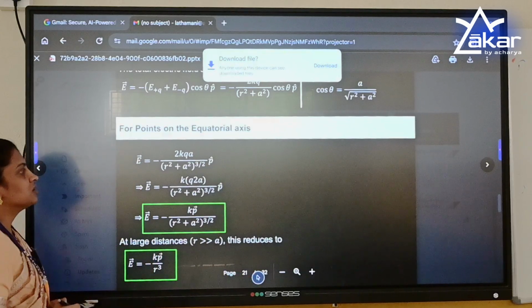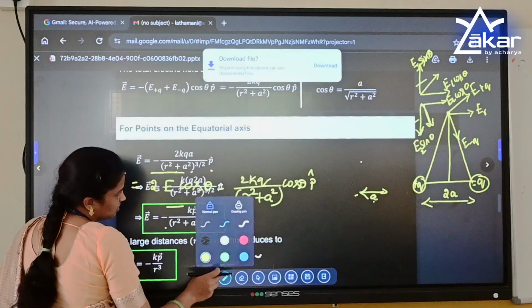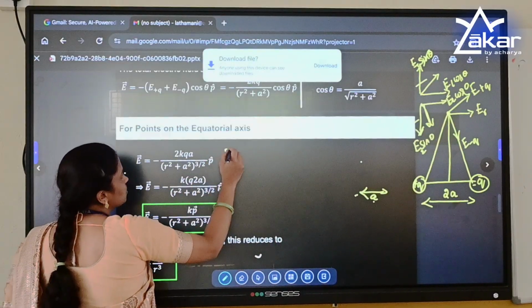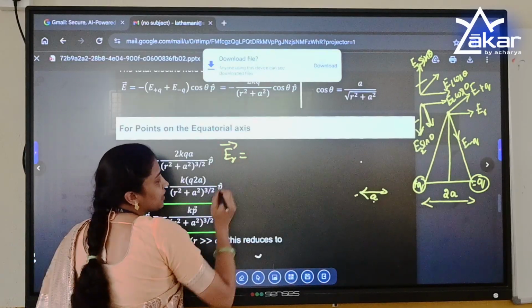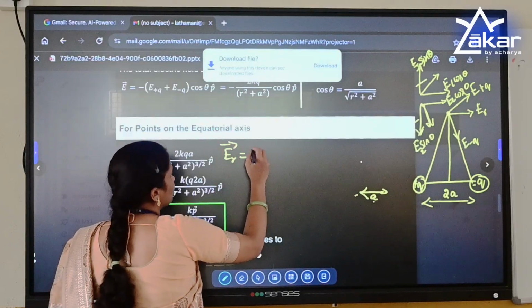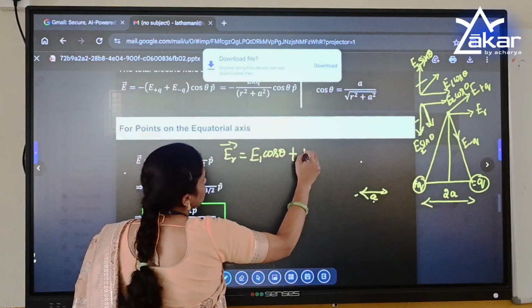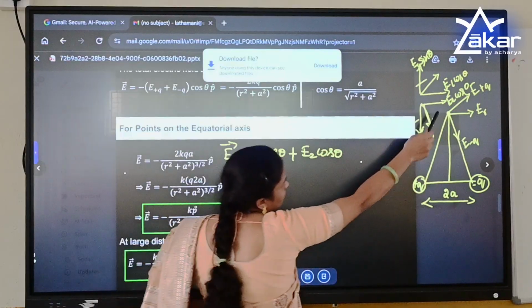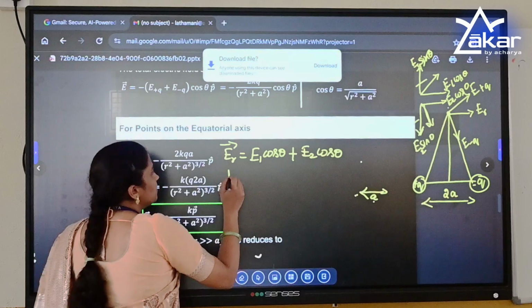So next, continue. E vector is equal to the two horizontal components, that is, E resultant vector is equal to E1 cos theta plus E2 cos theta, horizontal. This one and this one we have to take.